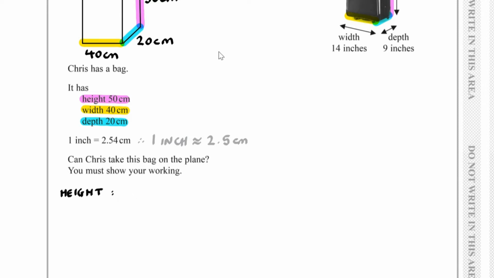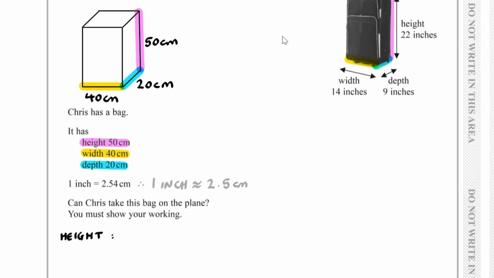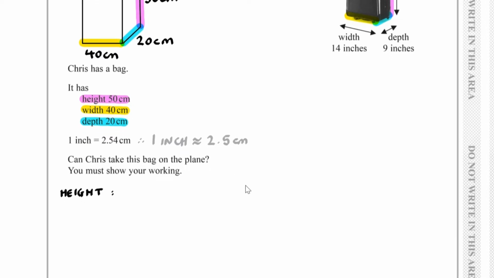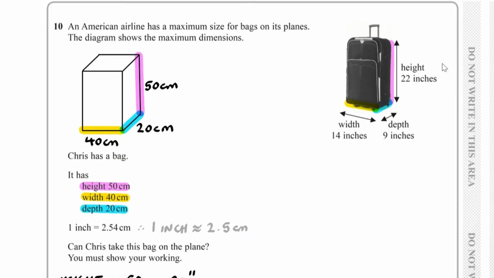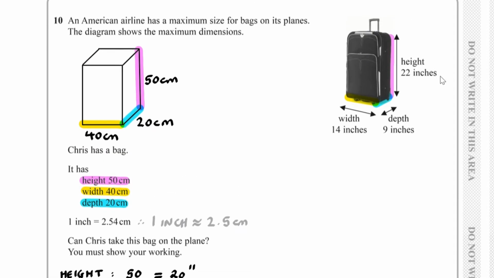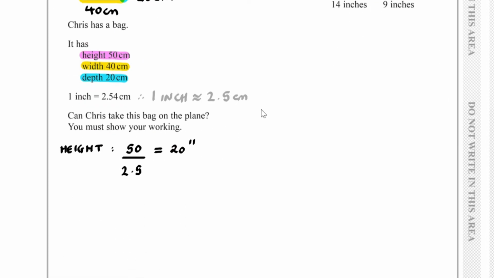So now let's think about the height. What we can do is convert the height into inches by dividing by 2.5. So if I've got 50 divided by 2.5, I get 20 inches. The maximum height we can have is 22 inches, so this is fine.